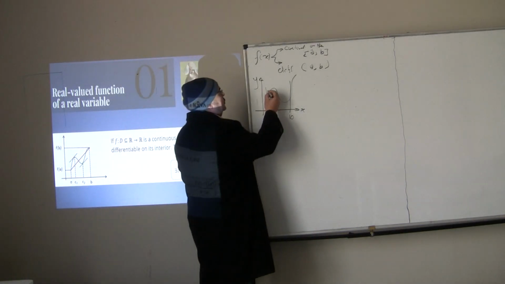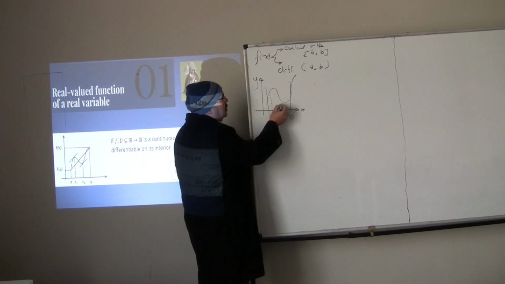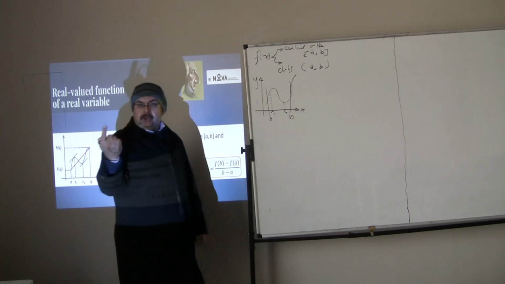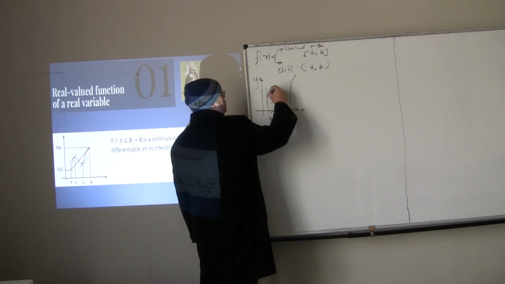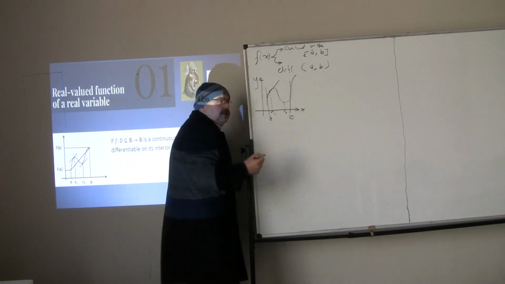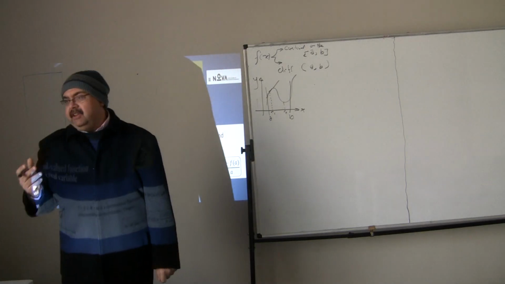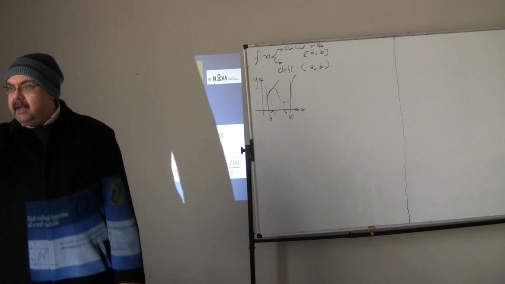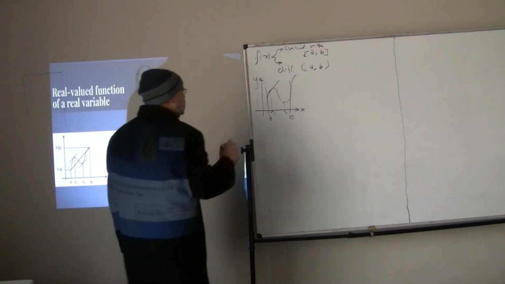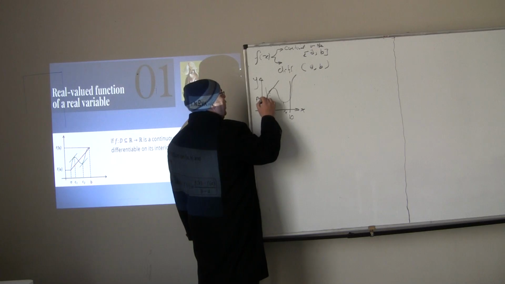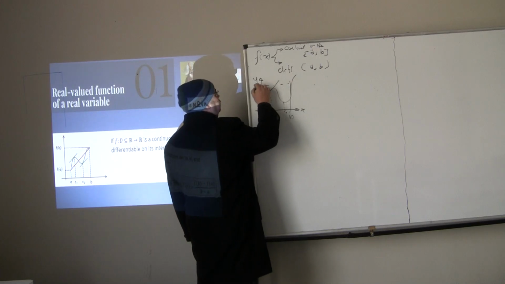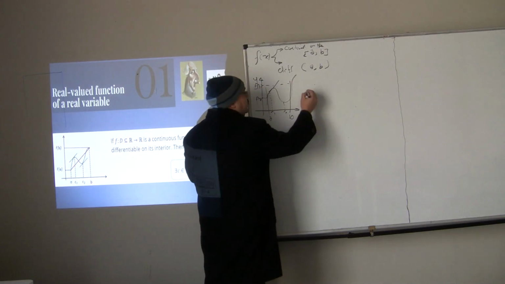You will find at certain points within this interval, maybe here, C1, C2, whatever, maybe just one point, the instantaneous rate of change, which means the derivative of the function at some points, equal to the slope that's connecting the values between f of a and f of b.